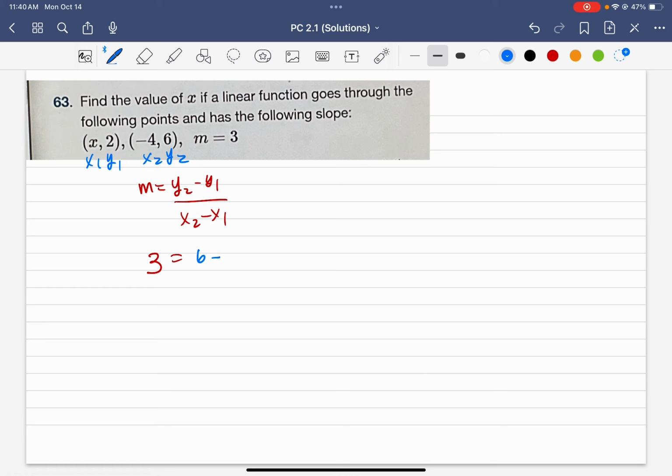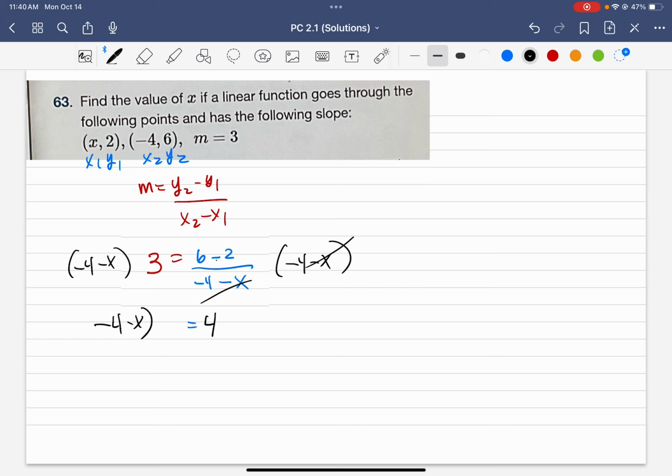So I have 6 minus 2 over, well, x2 is negative 4 minus x. And so now here's an equation with only one unknown in it. So to solve, I can multiply both sides by negative 4 minus x. So these cancel. And on top, 6 minus 2 is just 4. And over here I have this times a 3.